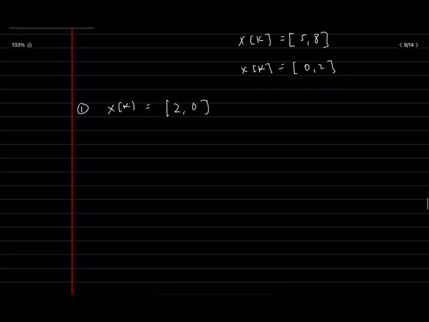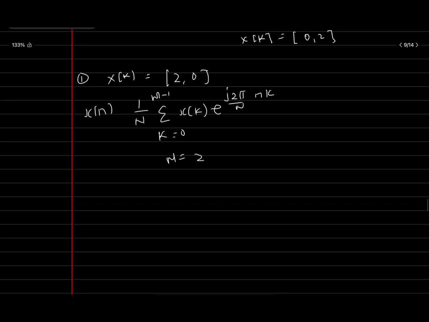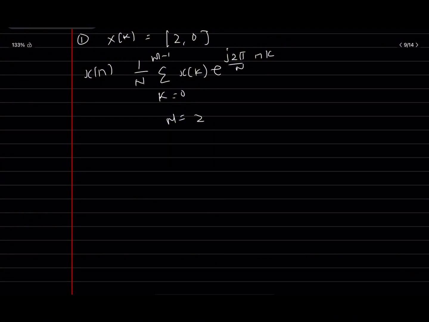Now, using the formula x of n equal to 1 over N summation of k equal to 0 to N minus 1, X of k exponent j 2 pi over N k n, we have N equal to 2, which is the number of elements. As I said earlier, k has been given, and n has also been given. So since n is equal to 0, 1, let's compute them by putting everything into the formula.